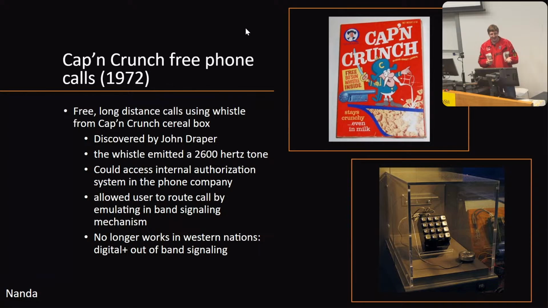And people worked out that a whistle that you got out of a box of cereal actually emitted that exact frequency. So when you blew the whistle into the receiver, you would put the telephone network into maintenance mode, at which point you could ask it to connect calls for free. And so this was popularized in a number of hacking movies where every now and then you'll see someone pick up a phone and blow a whistle into it, and that's what they're referencing. This was a real thing that happened.